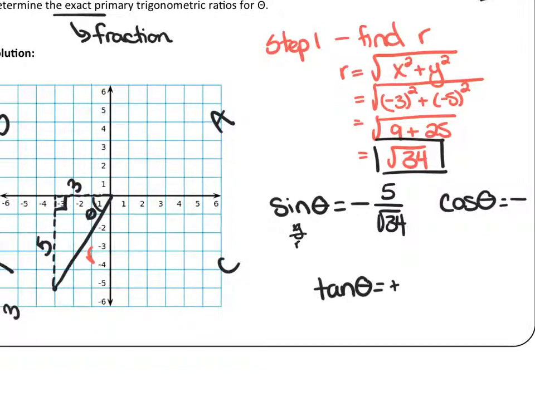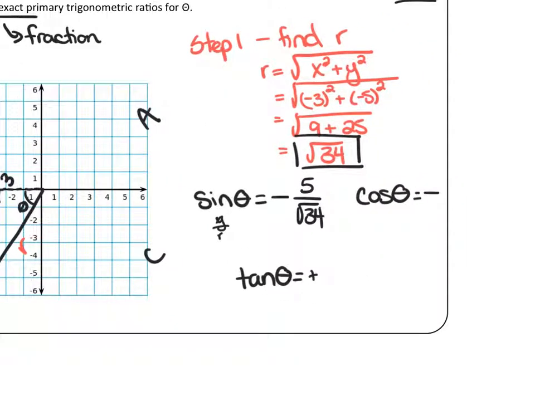And in our case, it's negative. So our x was 3 over root 34. Because we got that from there. And then tan is just our y over our x. Y was 5 and x was 3. And it's a positive because it's positive in that quadrant.